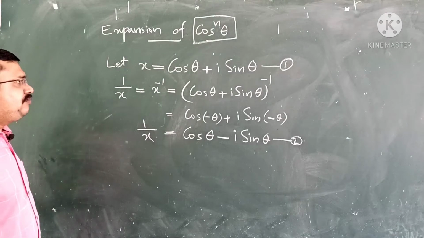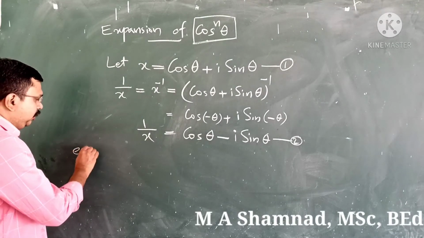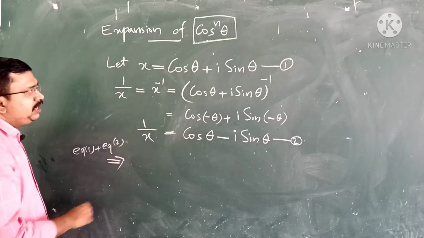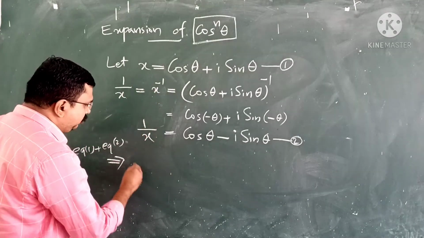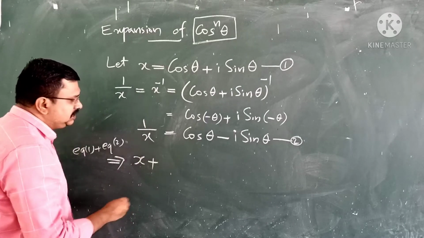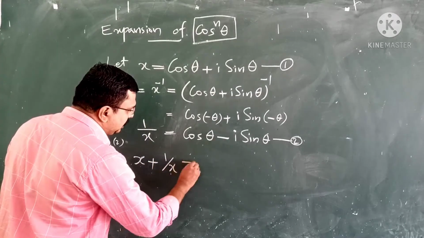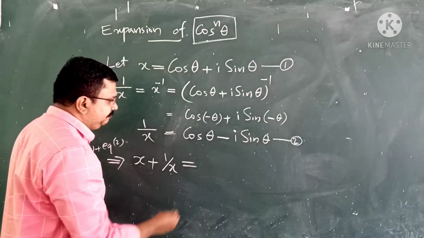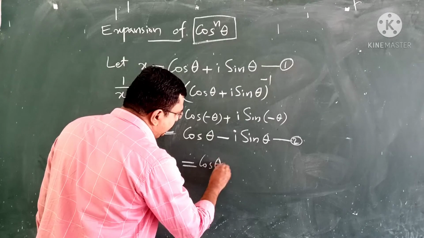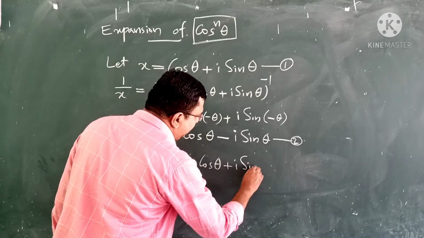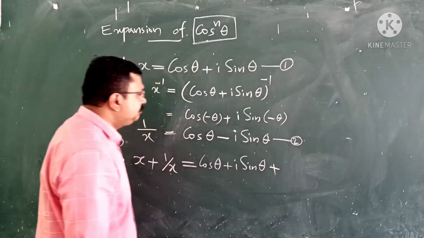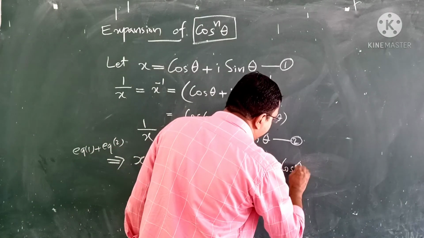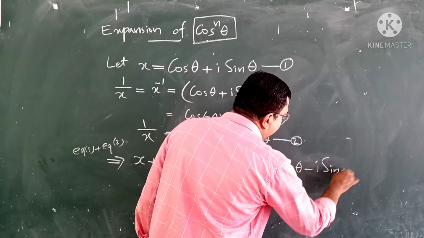Now, adding equation 1 and equation 2, x plus 1 by x equals (cos theta plus i sin theta) plus (cos theta minus i sin theta).